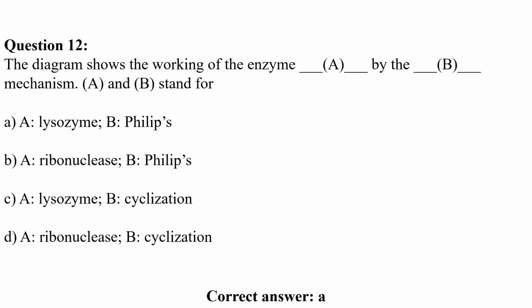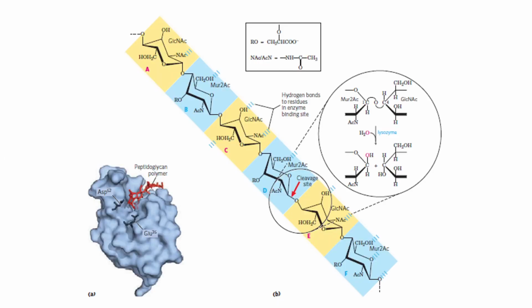So what is happening in this enzyme? We will see the mechanism of lysozyme once. Lysozyme breaks down the bacterial cell wall. The bacterial cell wall is mainly made up of a polymer called peptidoglycan, which has an alternating structure of two sugars, NAM and NAG.